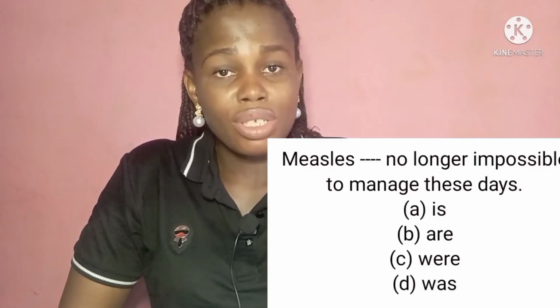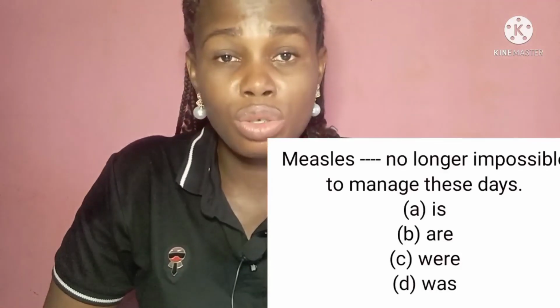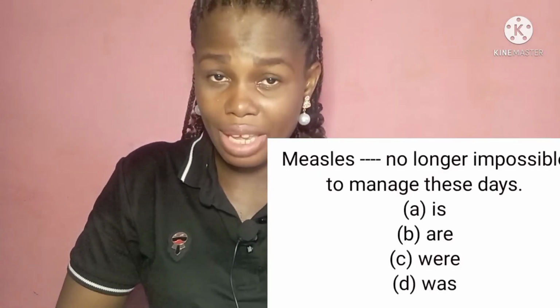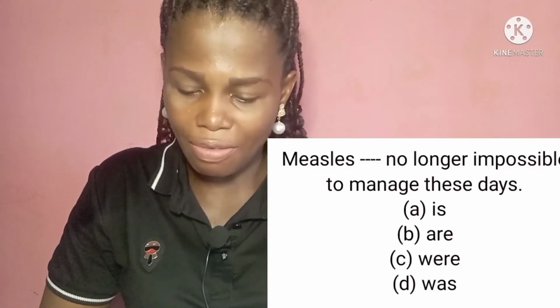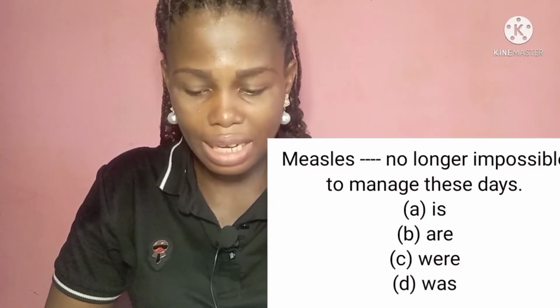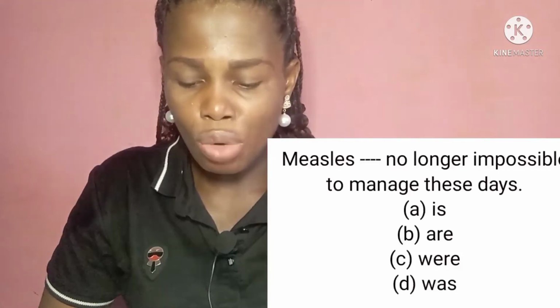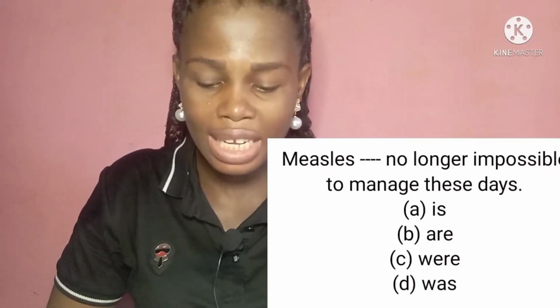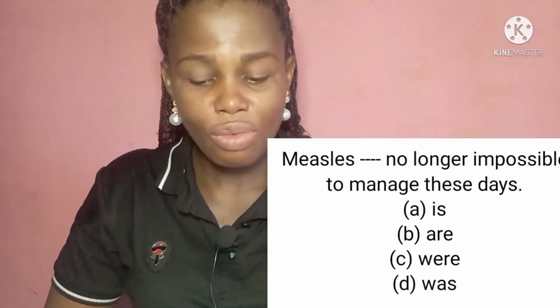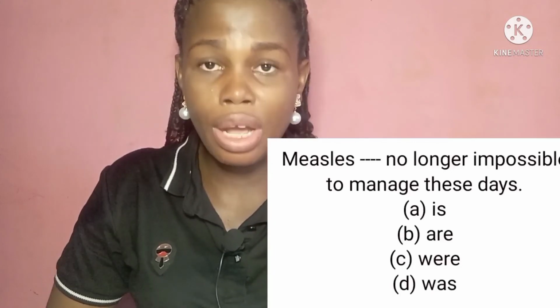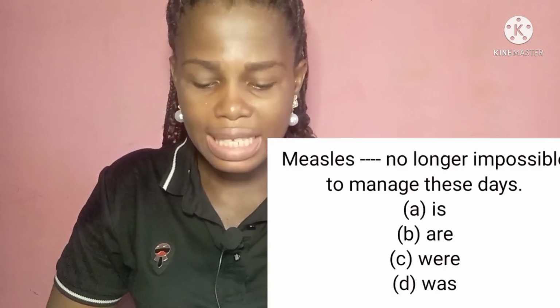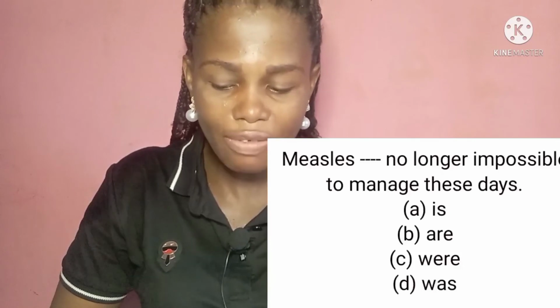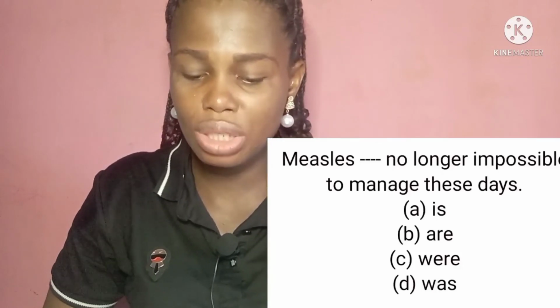Now you already know that measles is singular, so you're going to choose a singular verb. A, is, which is singular, we are leaving it. B, which is plural, we are striking it off. And C, which is plural, we are also striking it off. D is singular, so we are leaving option A and option D.